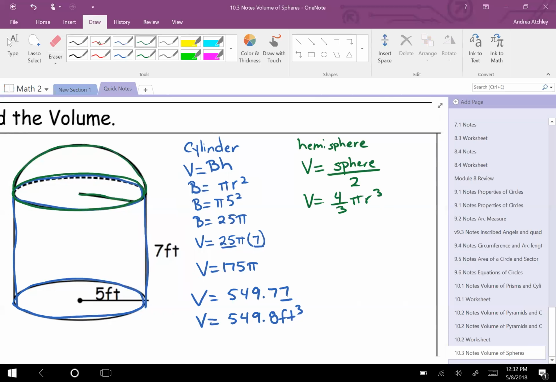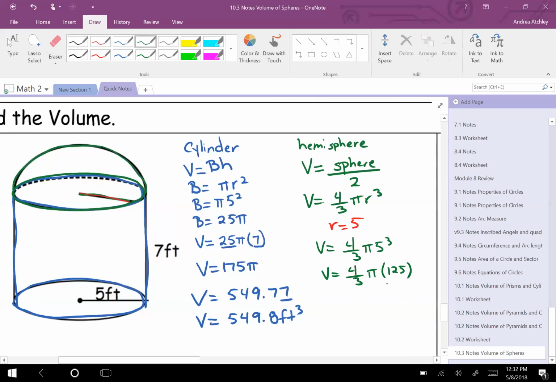My radius I have right here of 5. So I'm going to plug that in. Volume is going to equal 4/3 pi times 5 cubed. Volume equals 4/3 pi times 125. 5 cubed is 125.